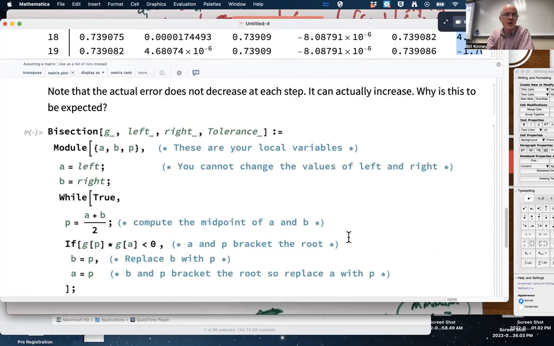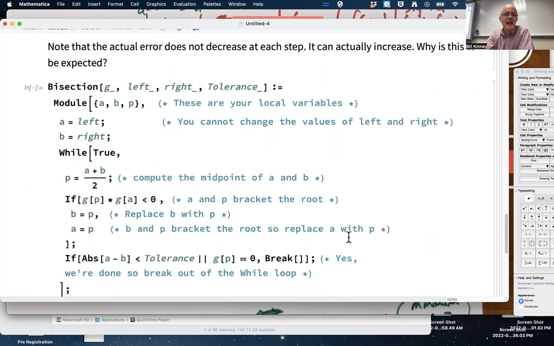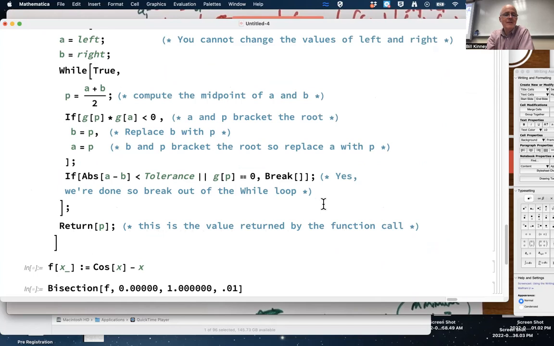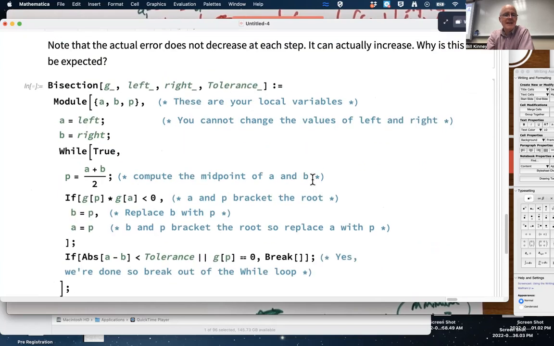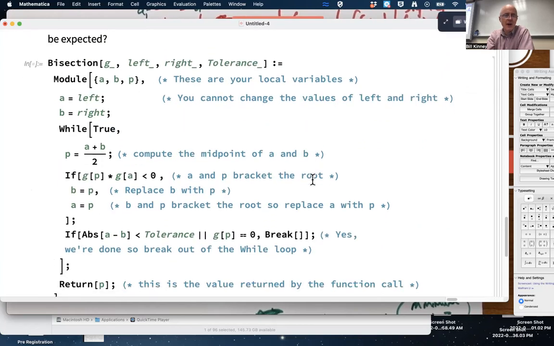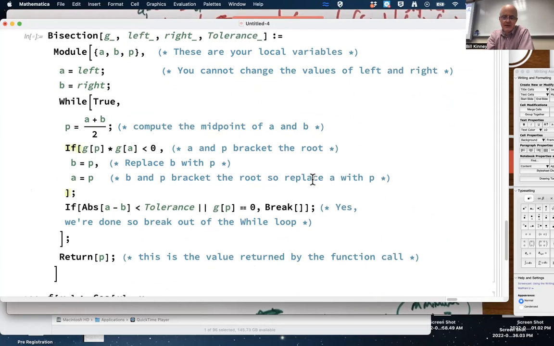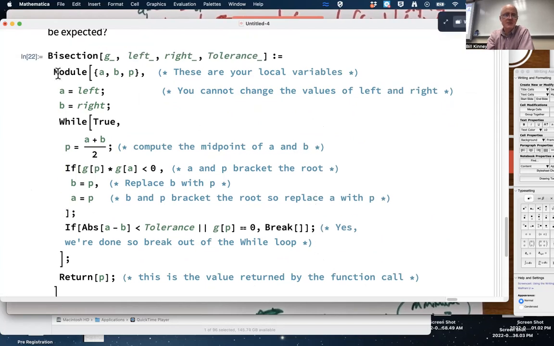This is code that generates just a single output. You might say, well, if all you're after is a single output, this code is better. To use this code, what we're doing essentially is creating a subroutine. In Mathematica, you'd actually call it a function. I'm calling that function bisection.